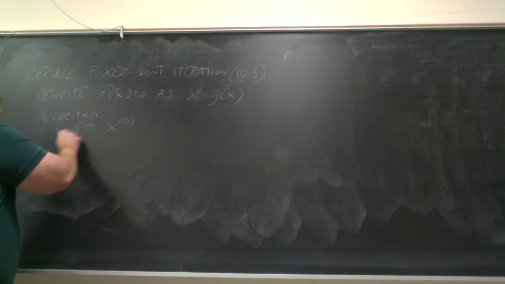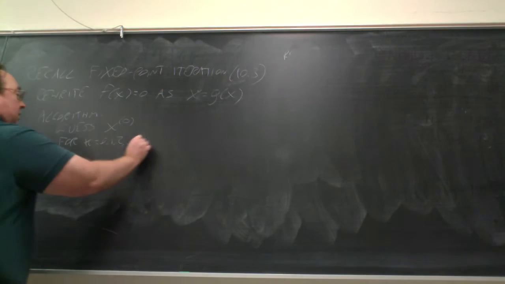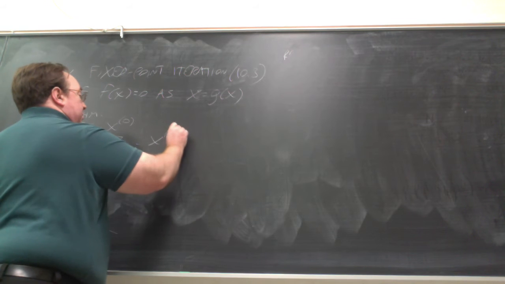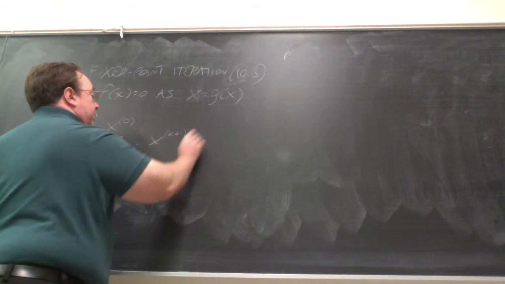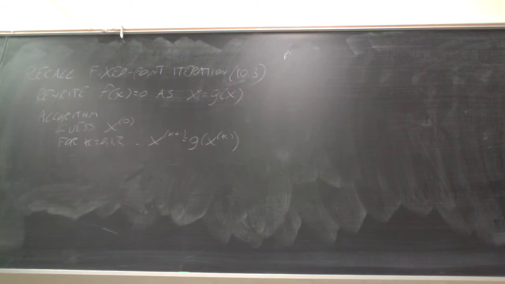And then your actual iteration, you set x_{k+1} is equal to g of x_k. And you keep iterating until either it converges or you see that there's no hope of convergence.